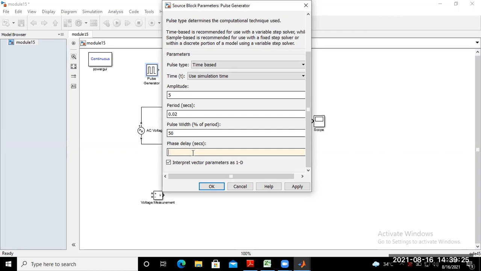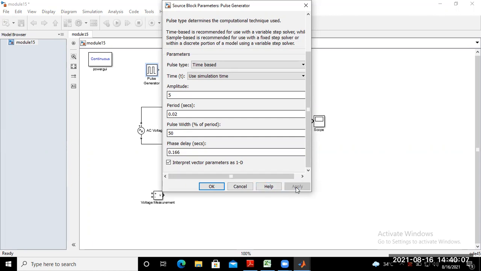Let's do it again: 40 divided by 360 is 0.11, into 0.02, gives 0.00166. That is the phase delay. If you want a phase delay of 45 degrees, then this value will change. Delay in seconds.